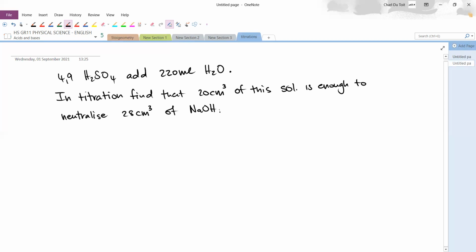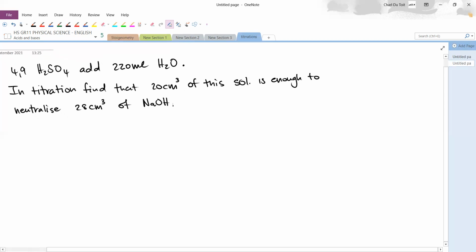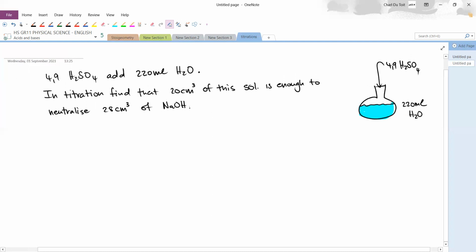So what we've done, basically, drawing little pictures is nice, because there's our container, our conical flask. And in that flask, we have 220 milliliters of water, and I'm going to add 4.9 grams of sulfuric acid. That's the first step.